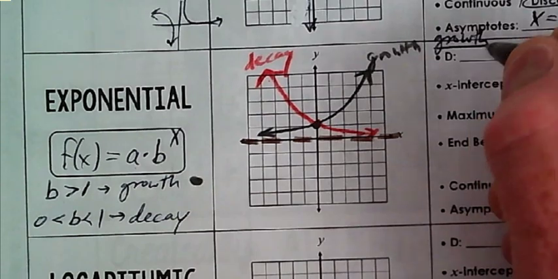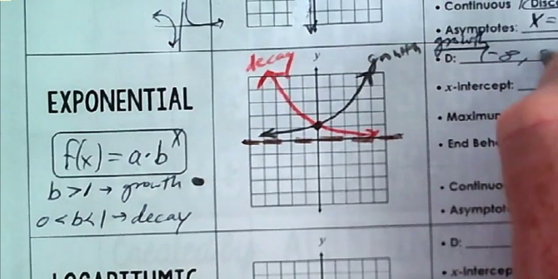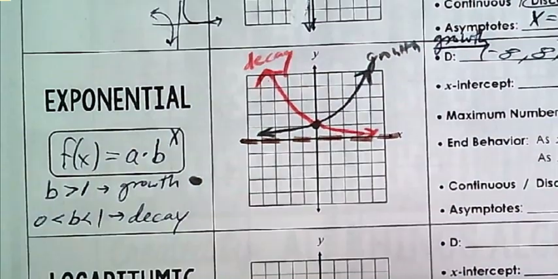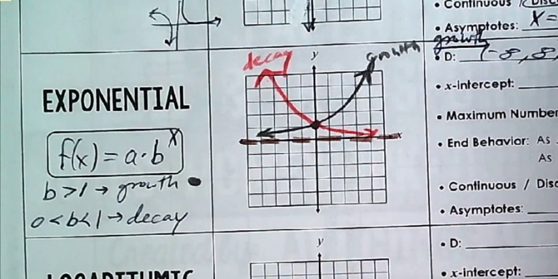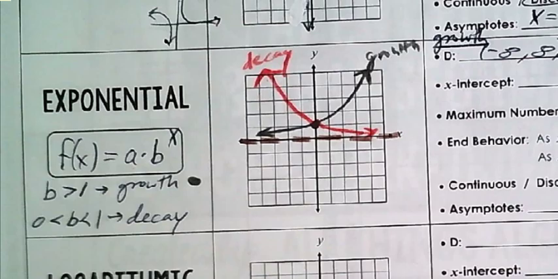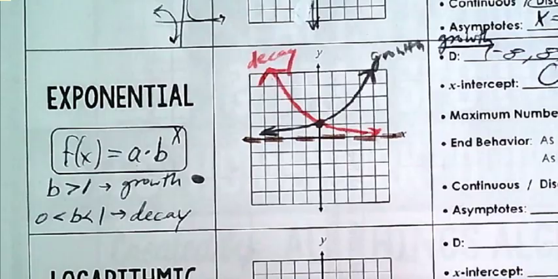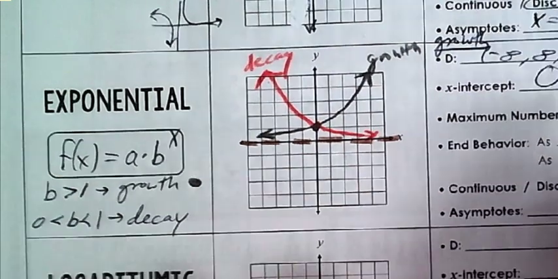Alright, so what is the domain and range of growth? Domain is from negative infinity to infinity. The range is from 0 with a parentheses to infinity. It's actually the same for decay. So the growth and decay, domain and range, exactly the same. Alright, x-intercept, none. Y-intercept, 1. I'm sorry, I should say none.